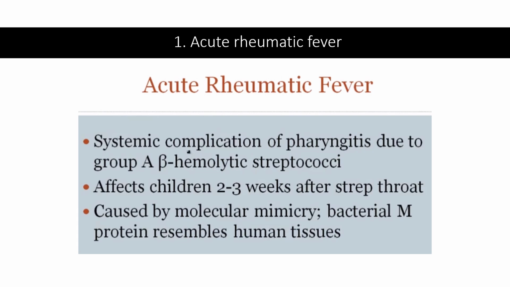So our immune system gets confused between the bacterial M protein and the human tissue, and it attacks our own cells. That's why we call it an autoimmune disease. And guys, this word is very important: molecular mimicry.